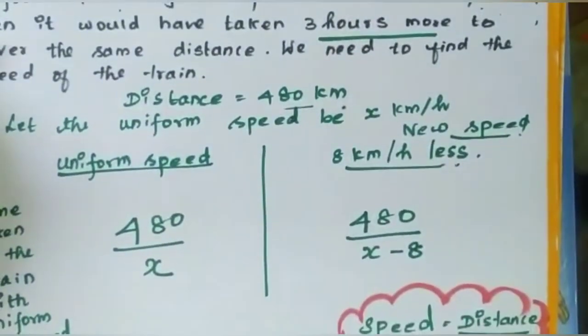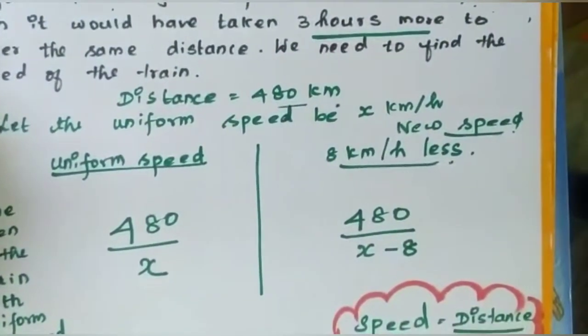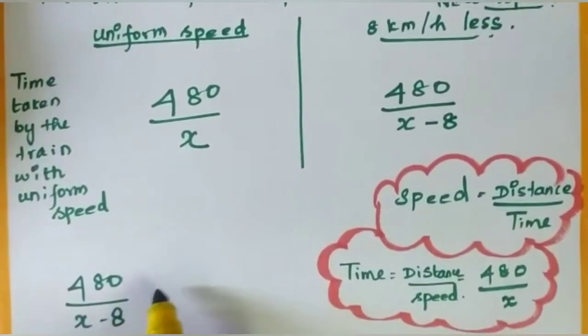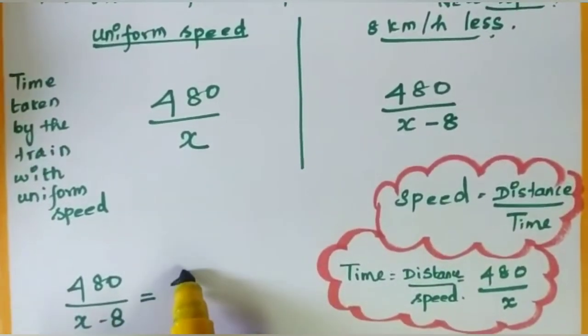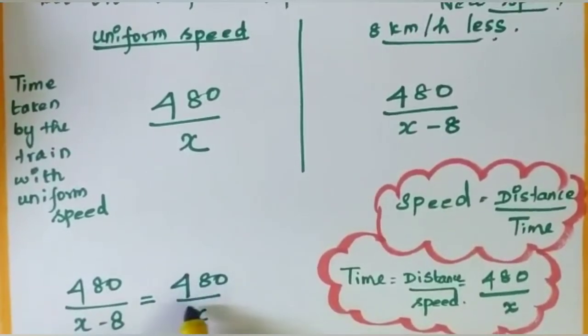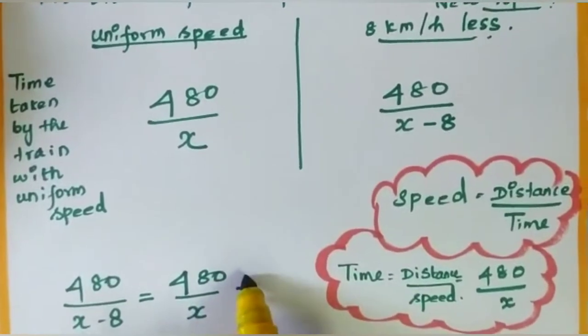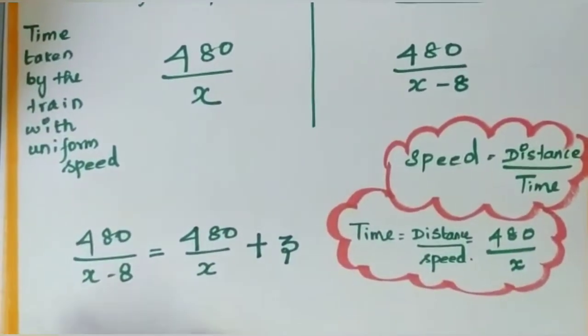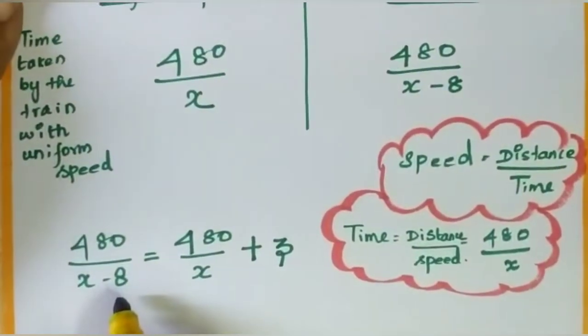So in the lesser speed, 480 divided by x minus 8, it takes the normal time, which is 480 divided by x, plus 3 hours.